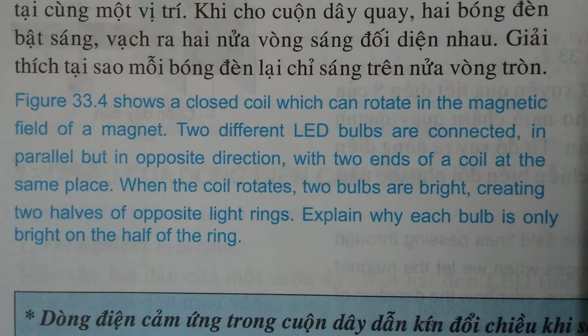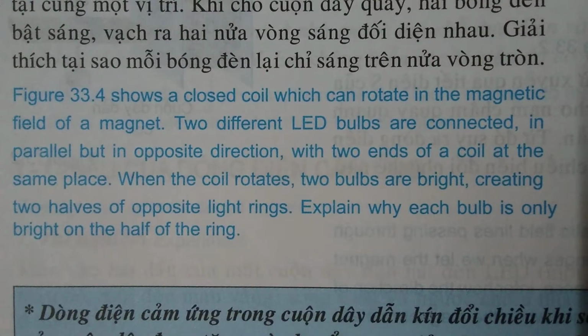Figure 33.4 shows a closed coil which can rotate in the magnetic field of a magnet. Two different LED bulbs are connected in parallel but in opposite directions, with two ends of a coil at the same place.